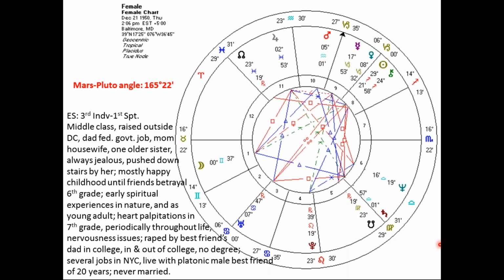So my question was pertaining to that, but did the nodes change houses? The nodes do not change houses. No, they do not. Okay, so you had a further question, actually, or a slightly different question: in the Porphyry house system, this same chart has Leo intercepted in the 4th, and it has Aquarius intercepted in the 10th.